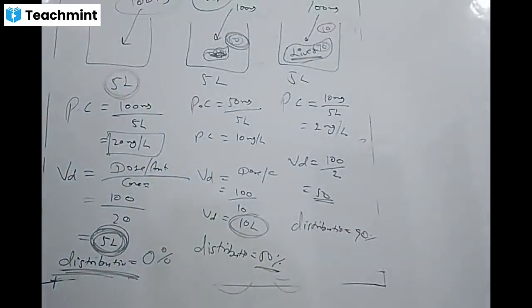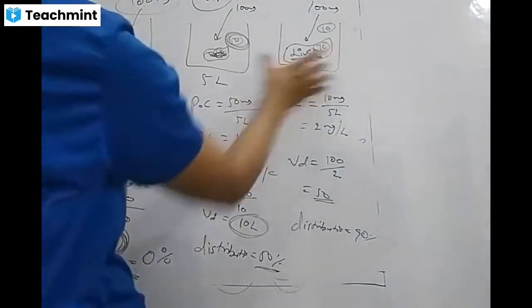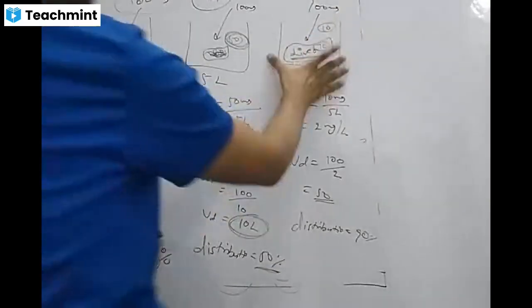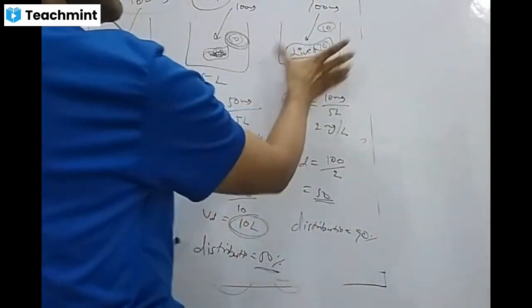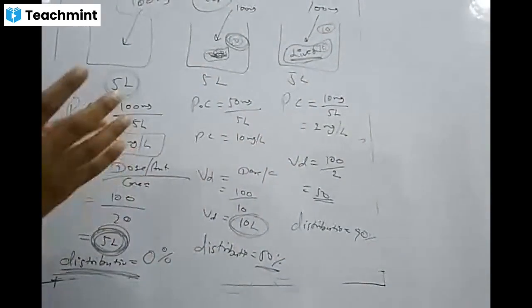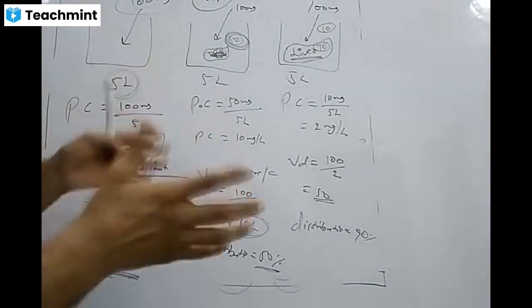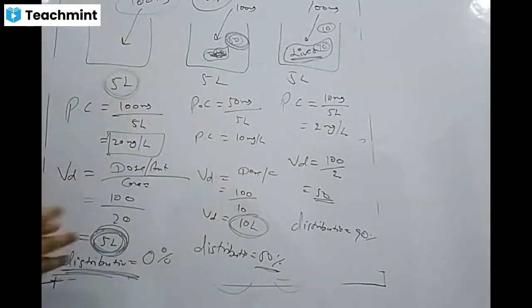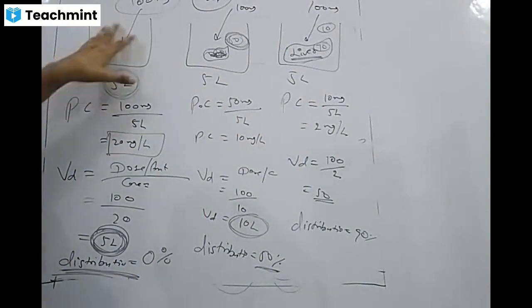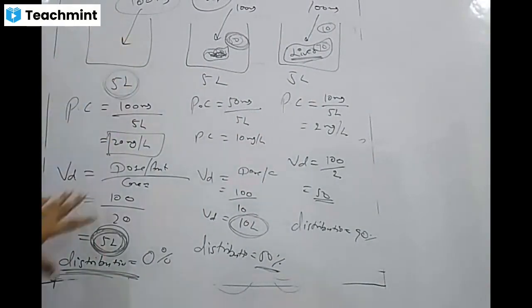If you compare these three, this one also represents our body, because we have metabolizing organs like the liver, like the GIT, different organs. But in this case, there is nothing to metabolize.